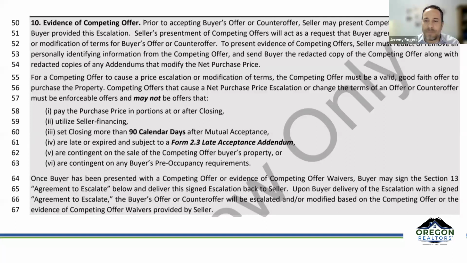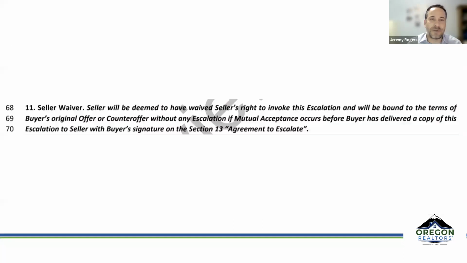So that's that opportunity for buyer to confirm and say, yes, we are affirmatively moving forward under these terms based upon the evidence that you provided to me. So we'll take a look at what that looks like.